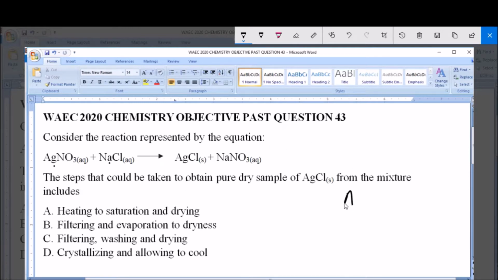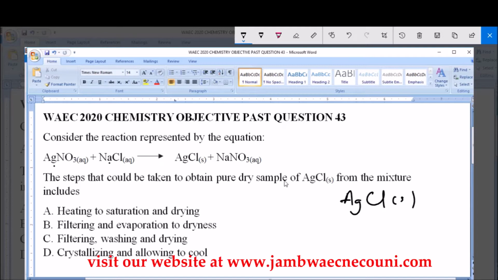So silver chloride, as the name implies, is basically the chloride of silver. Now, it is known for its low solubility in water.